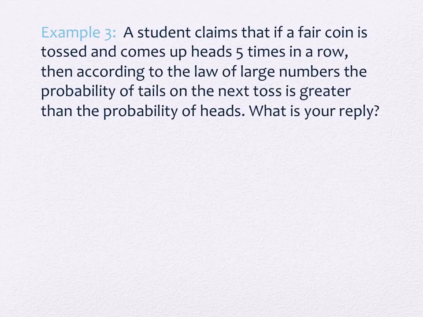Okay, so there's one issue that this isn't very many times, but let's say then, Madison, that we change it. Let's say that it came up heads 5,000 times in a row. What would we say then? You could say that it doesn't matter how many times it's already come up one side, the next one could still be anything. Yeah, they're talking about the next one. They're not talking about overall.